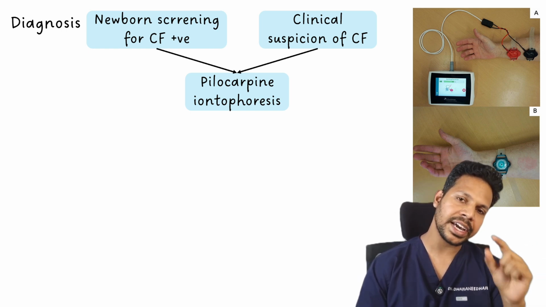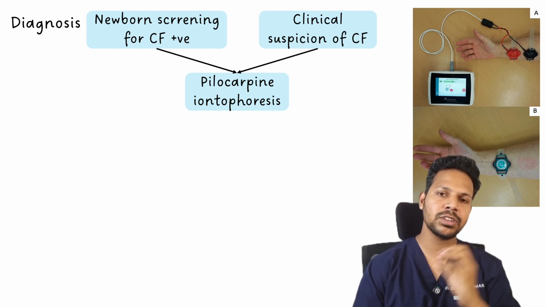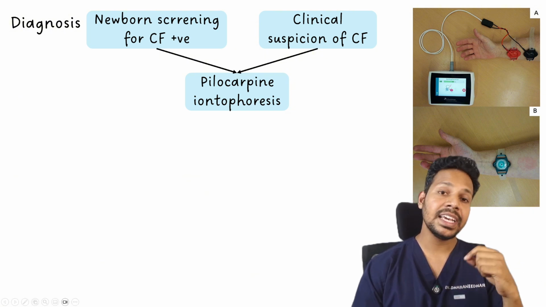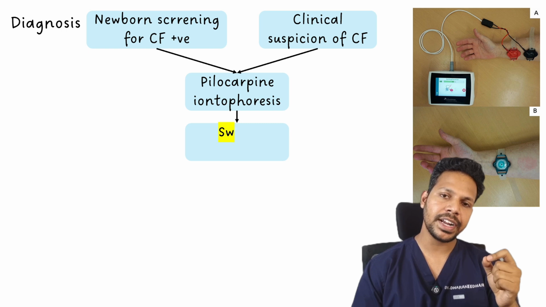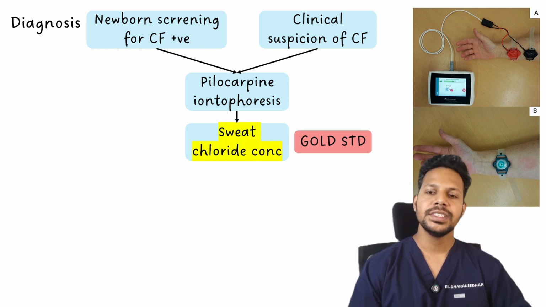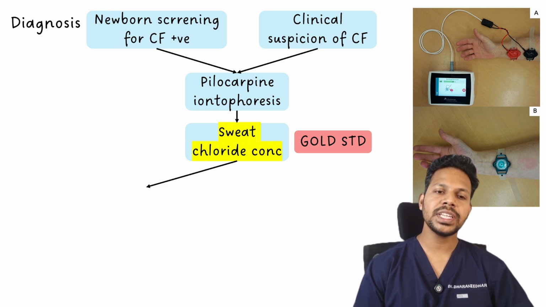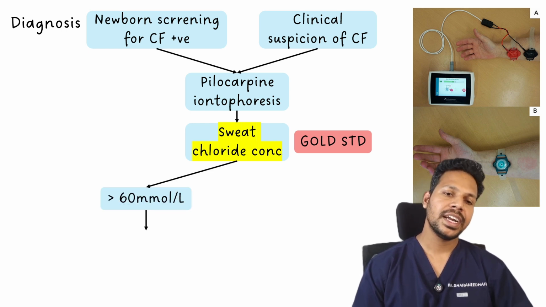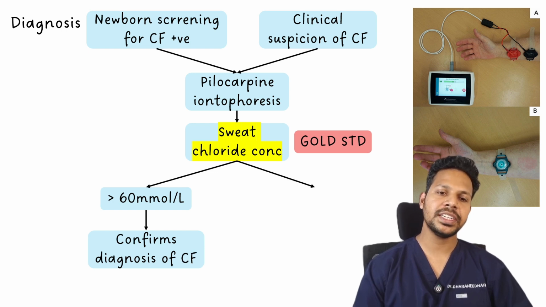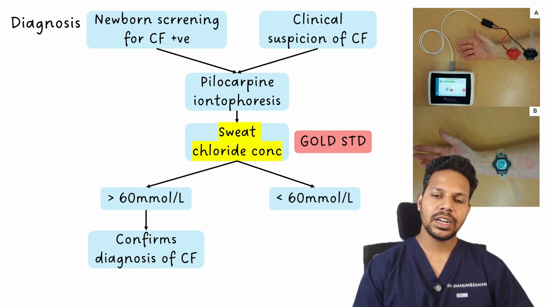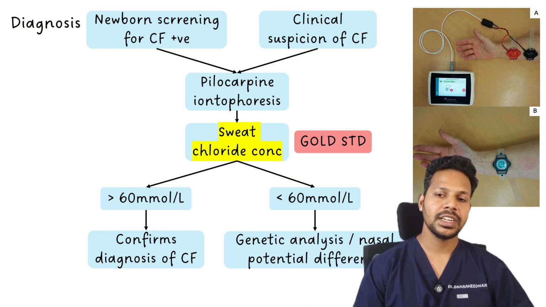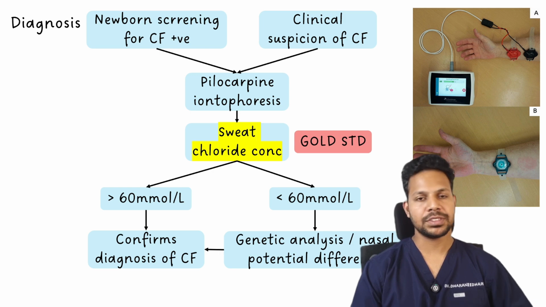Okay, so this electric current will help in the infusion of drug into the skin, and when the pilocarpine enters into the skin, that will increase the production of sweat. So in sweat, you will estimate the sweat chloride concentration. This is the gold standard for the diagnosis of cystic fibrosis. And when it is more than 60 millimoles per liter, it confirms the diagnosis of cystic fibrosis. If it is less than 60 millimoles per liter, then you should do genetic analysis or nasal potential difference for further confirmation of cystic fibrosis.